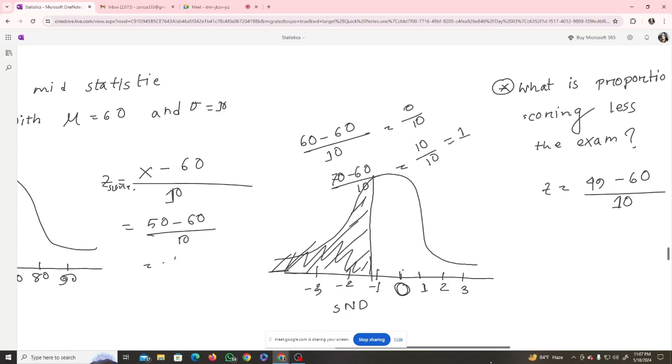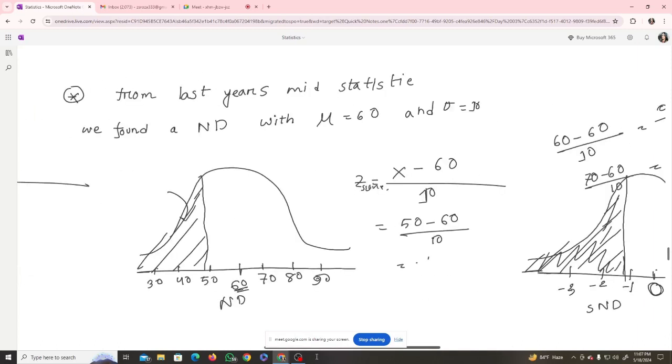In the Z table, after standardizing a normal distribution to the standard normal distribution, we can find the area, because all of the values are from minus 3 to 3.